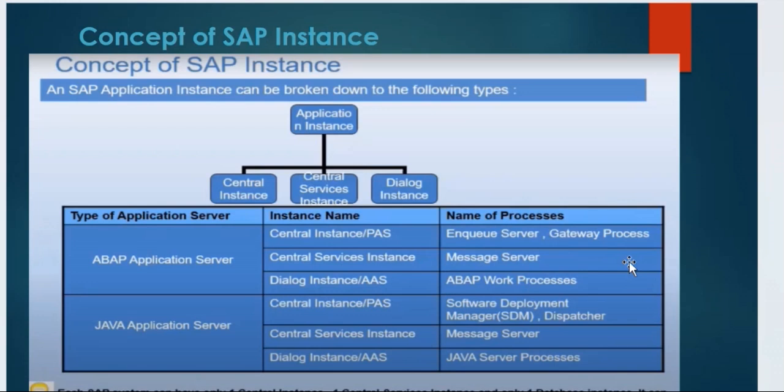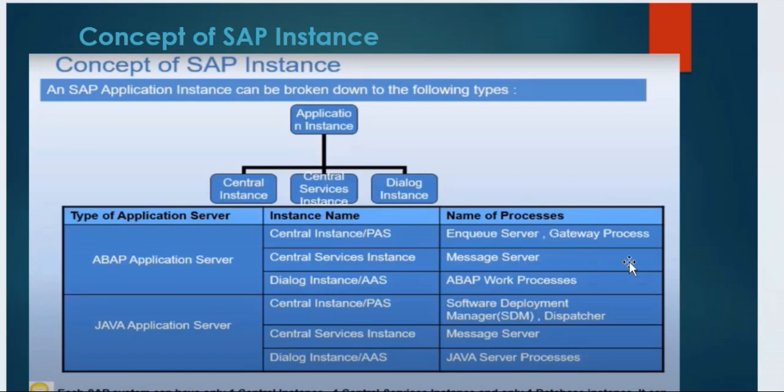Basically, an instance is an administration unit that can join our SAP system and its components in one or more services. Each and every instance has its own buffer area. According to the SAP application instances and database instances, we have two types, called single instance and distributed instance.